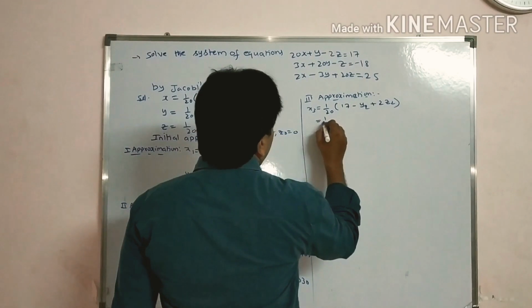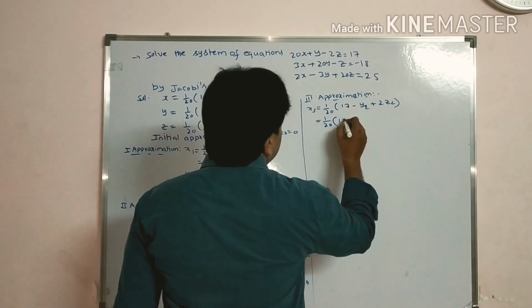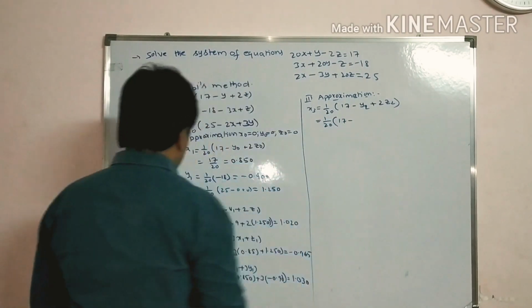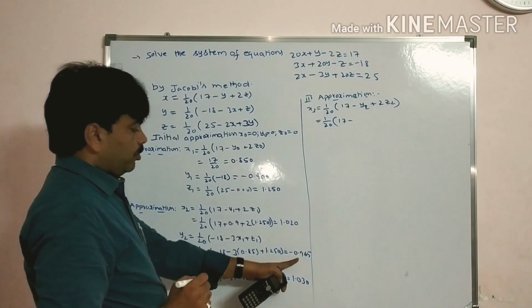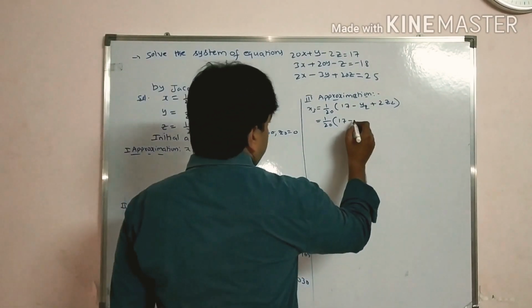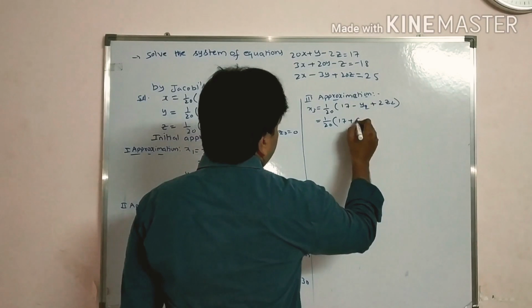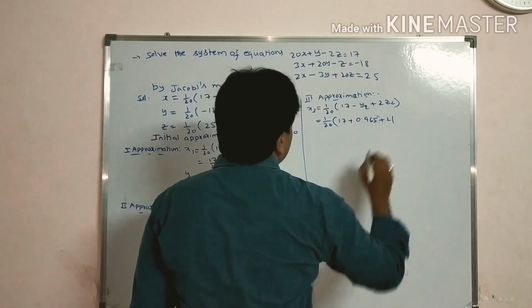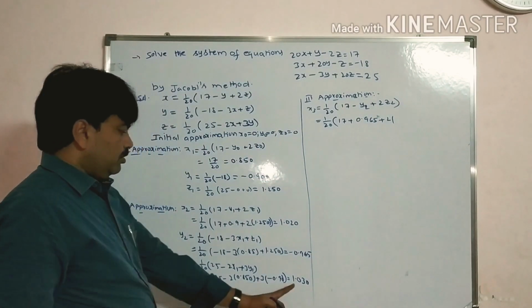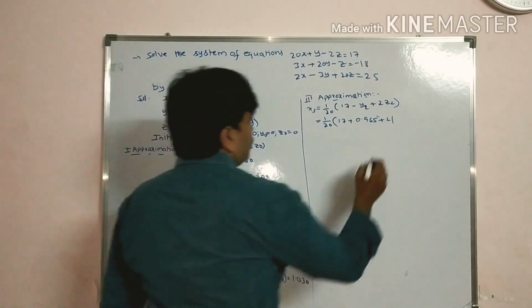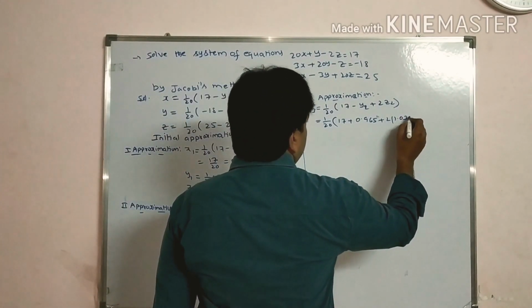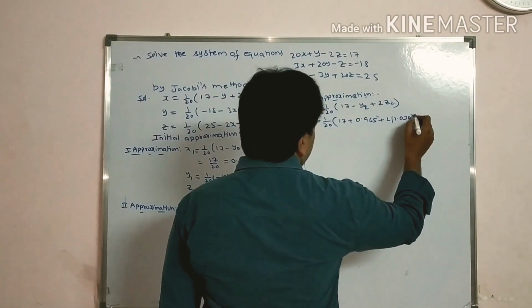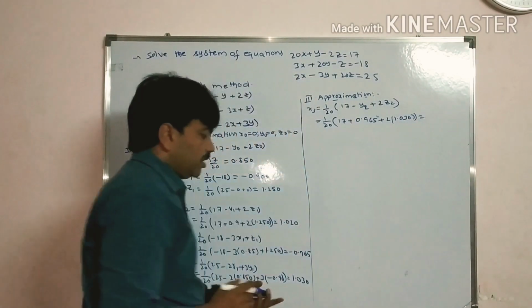So that is equal to 1 by 20 into 17 minus y2. What is the y2 value? Minus 0.965. Minus and minus gives plus, so 0.965 plus 2 into z2, 1.030, bracket close.